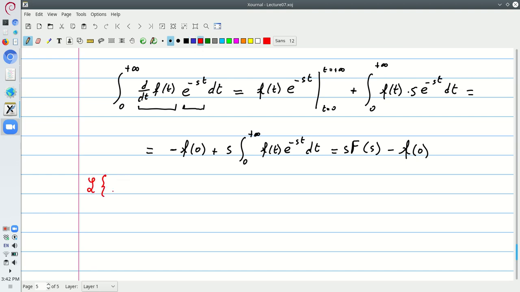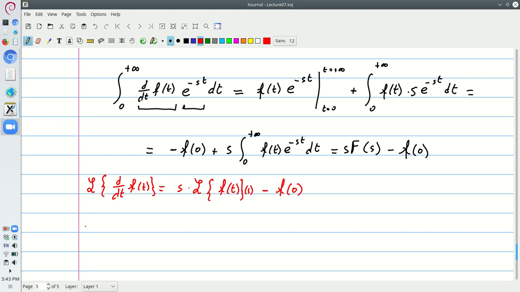The Laplace transform of the derivative with respect to t of a function f of t is given by s times the Laplace transform of f of t as a function of s, minus f of 0.